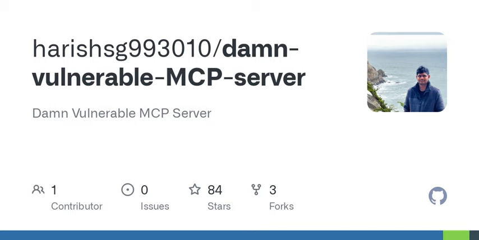The creators of DVMCP, led by harishsg993010, emphasize that these vulnerabilities are there for educational purposes only. So no one should think about implementing these pitfalls in production systems. It's a classic case of, don't try this at home. Always follow the security best practices when it comes to deploying these systems.